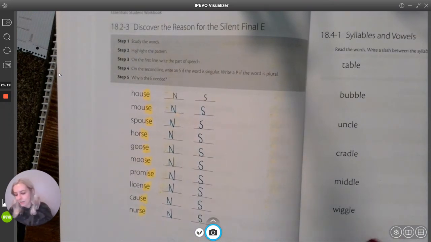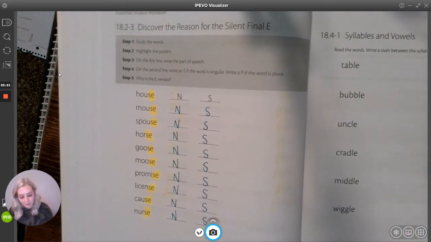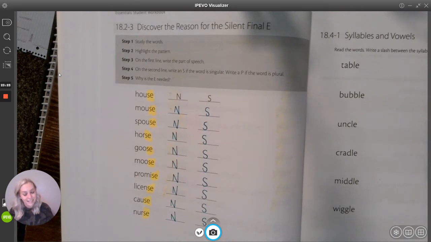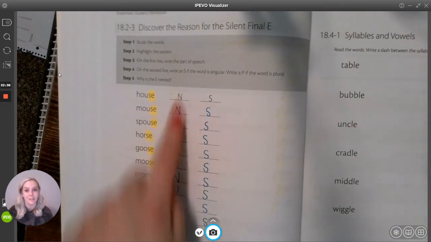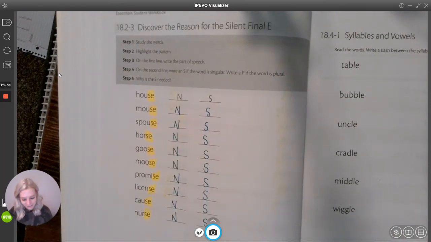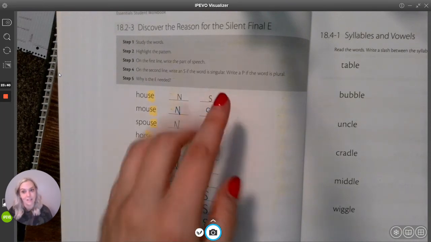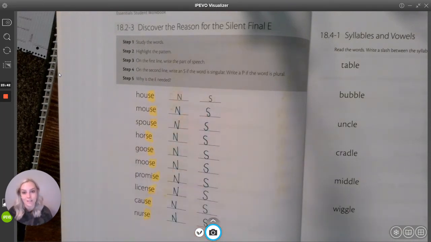So why do you think silent final E is needed here? What is the same about all of these words? They all end in what? What's the pattern? S followed by silent final E. Very good. What part of speech are they all? They're all nouns. And are all of these plural or singular or a mix?